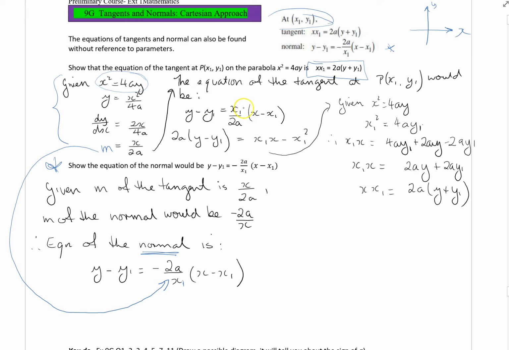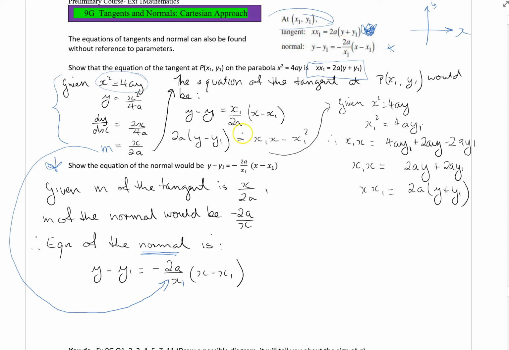I looked at that and thought, I've got to make it look like the formula sheet version.